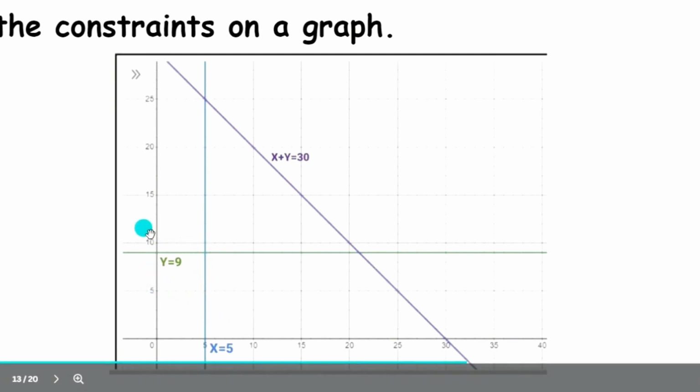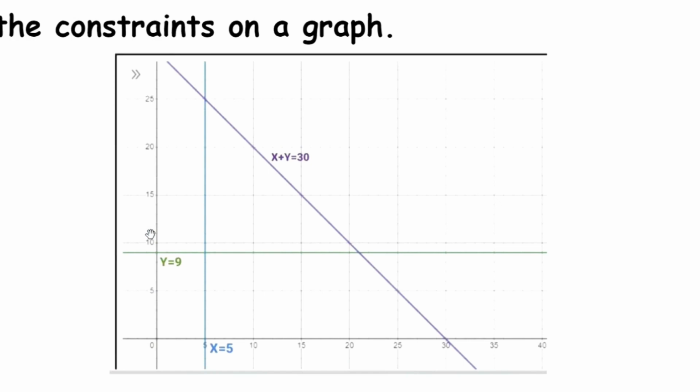Then the second one, y equals 9, will have the y-intercept of 0 and 9, while there is no x-intercept. Then lastly, this equation will have an x-intercept of 30 and 0, while its y-intercept is 0 and 30.